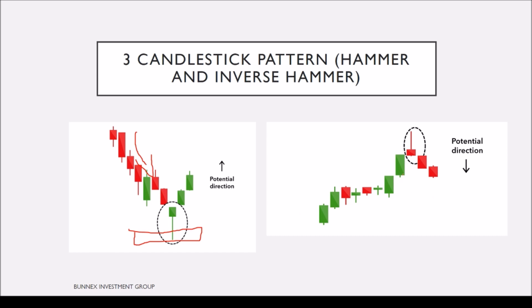And the inverse is also true, whereby we had an upward move and we had a green candle, a red candle, and a red candle, and we are now expecting a potential downward move. However, on the actual charts, they may not be as clear as these ones. That is why we use the zone of interest in order to trade these candlestick patterns.